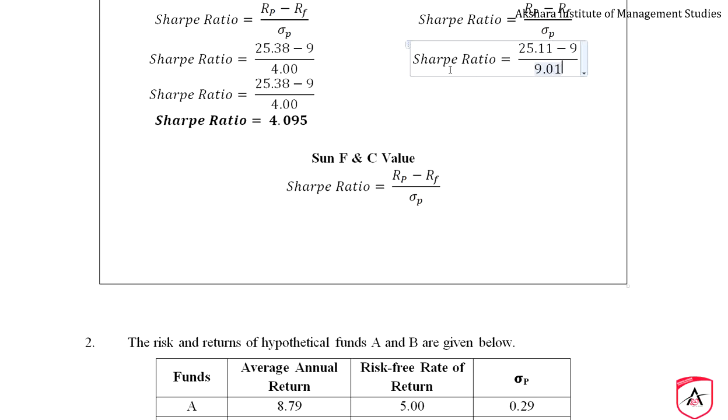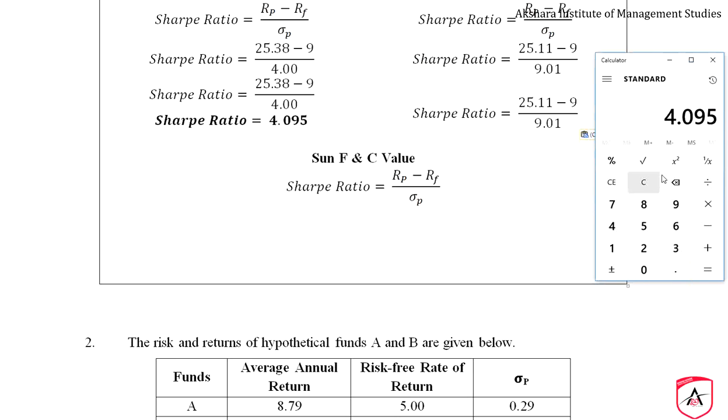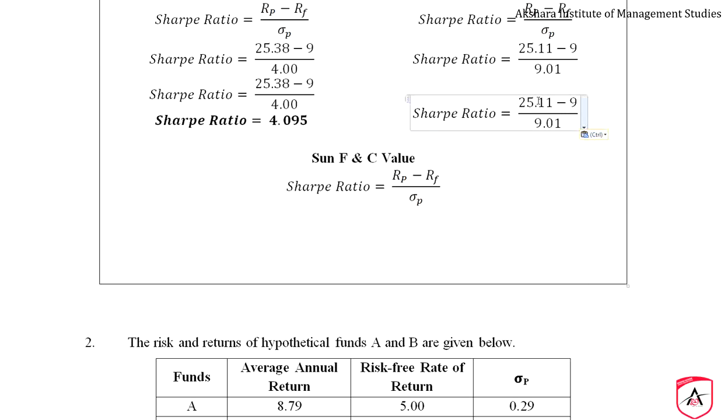So we have to make a calculation. 25.11 minus 9 equals 16.11.